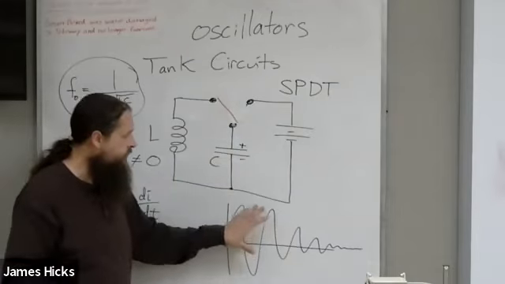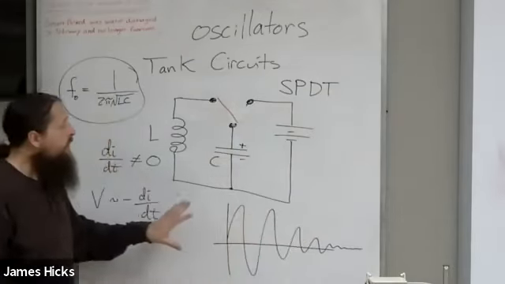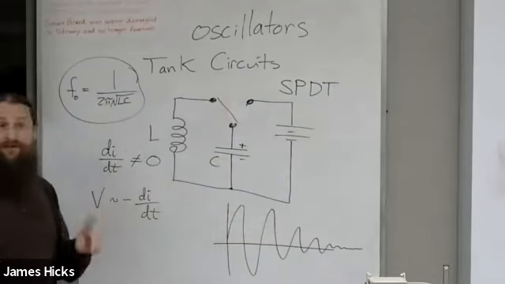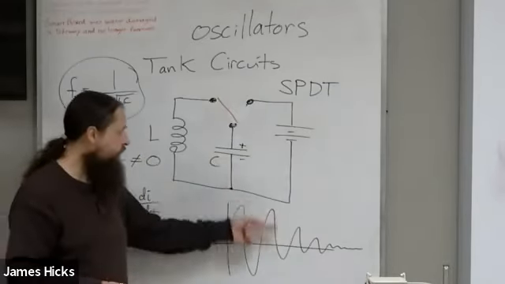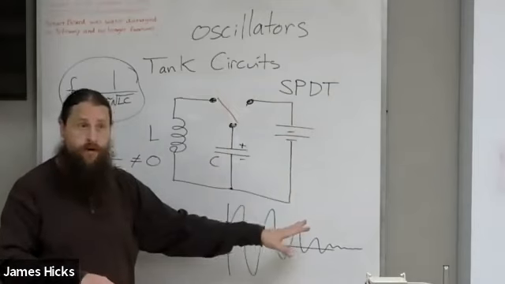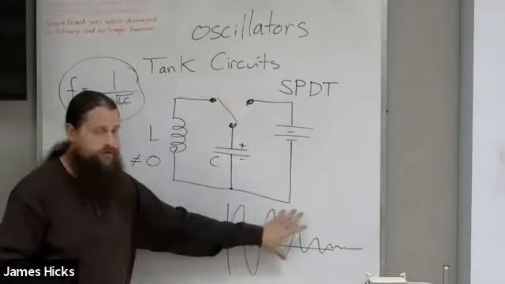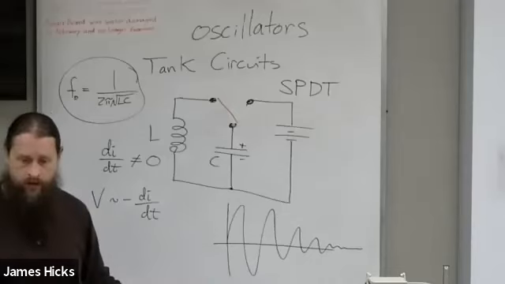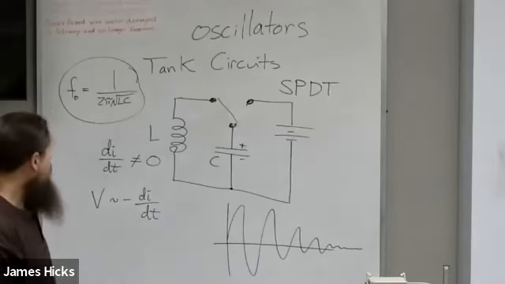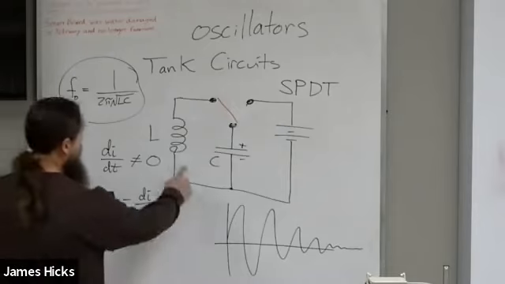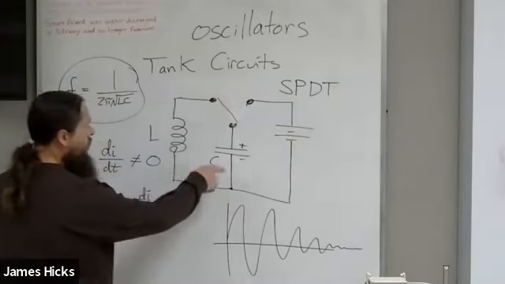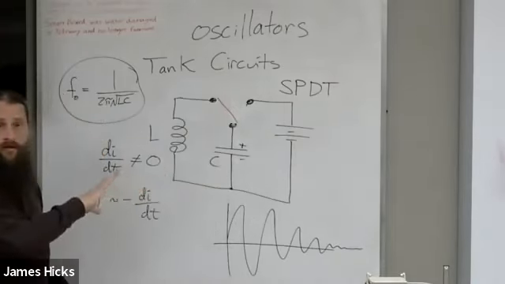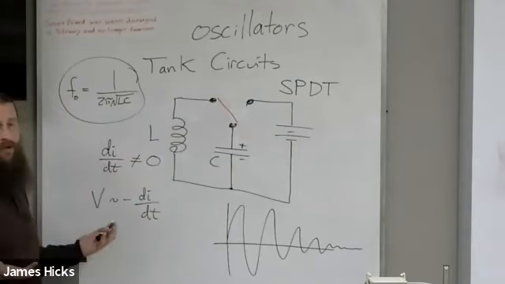But keep it from dying out. You can't give it too much energy back because it gets distorted. So there's a perfect amount of energy that will just keep this thing going. The L and the C in parallel are like an energy storage.